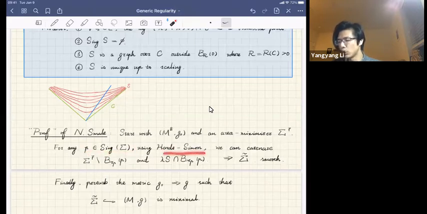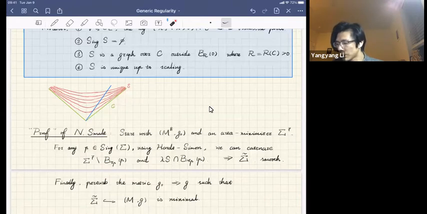Using Hardt and Simon, we can perturb it locally. In other words, we select a ball small enough such that in this ball, P is the only singular point.